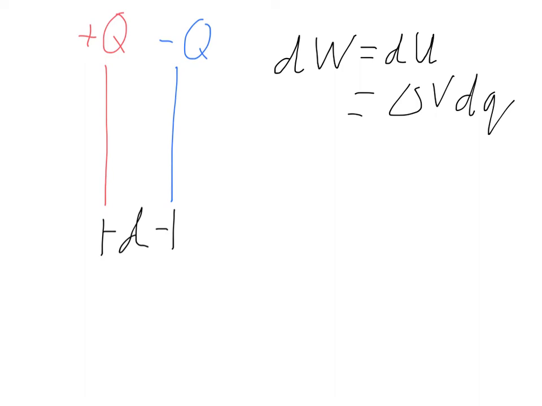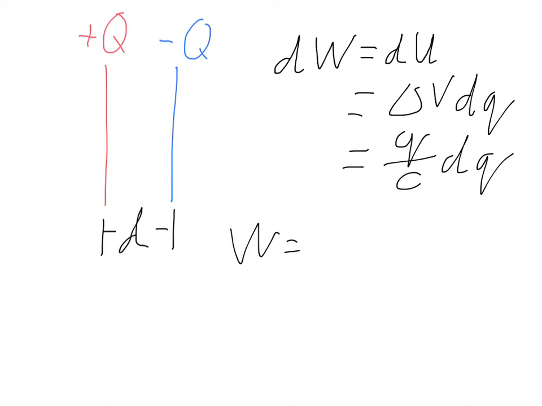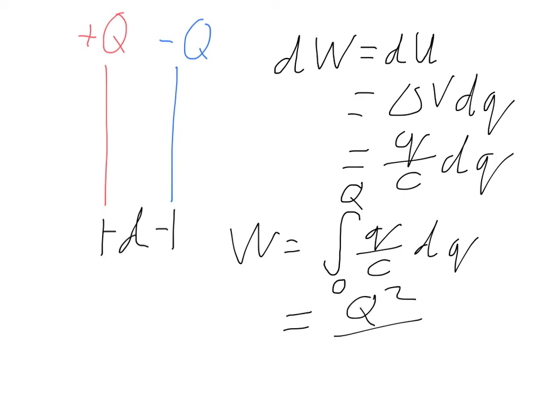And from our definition of capacitance, we could rewrite this as Q over C dQ. So if we want to find the total work, that's just taking the integral of Q over C dQ, moving all the charges from no charge to the total amount of charge across there, and we would find that the work would just be Q squared over 2 times the capacitance.